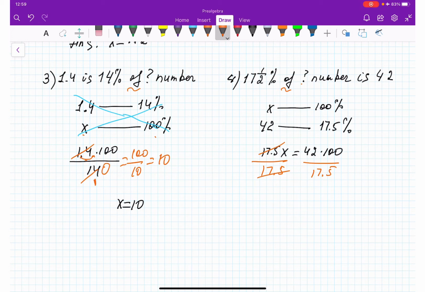Okay, any number that ends with 5 and 0, you can divide by 5. So let's divide by 5. 100 divided by 5 is going to be 20. 17.5 divided by 5, let me do by drafting, because if I do it in my mind, you won't see how I'm doing. Dividing by 5, 3 times 5 is 15, remainder is 2, right?